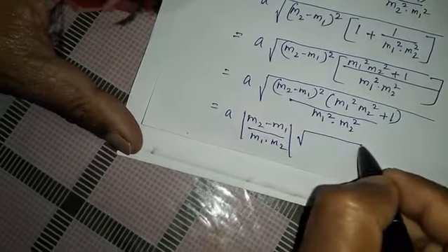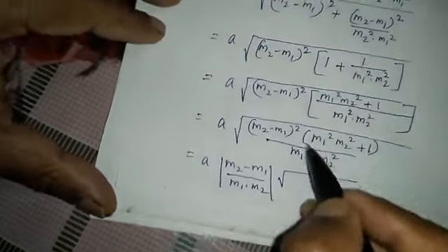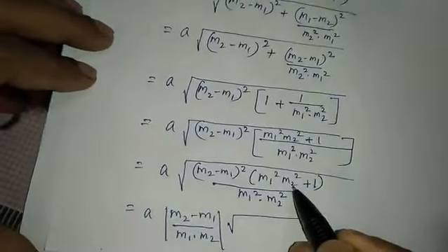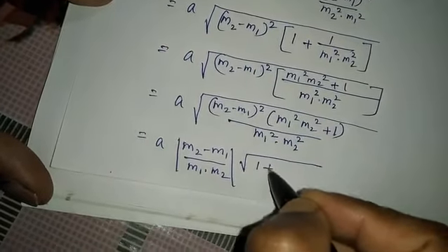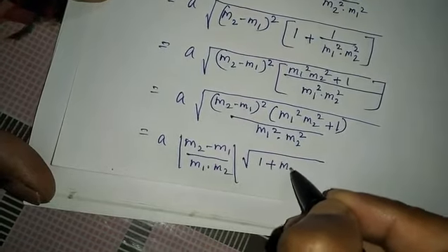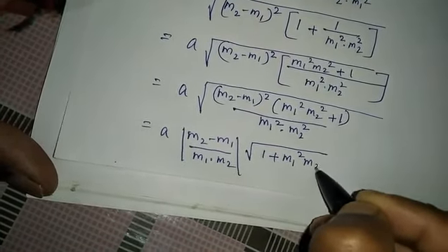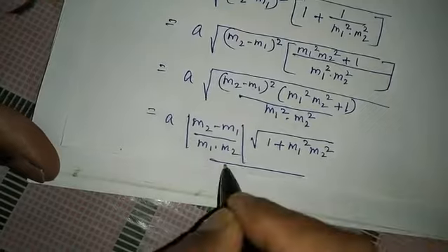Then under the square root remaining only m1 square m2 square plus 1. So it can be written square root of 1 plus m1 square m2 square. This is the answer.